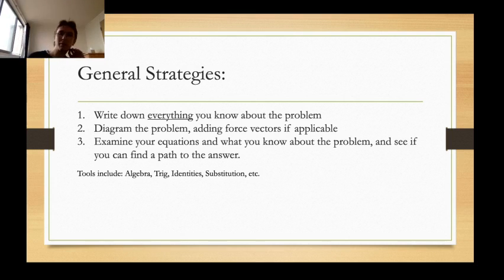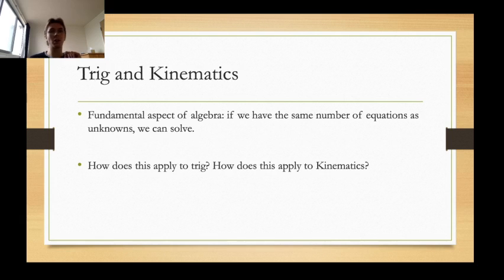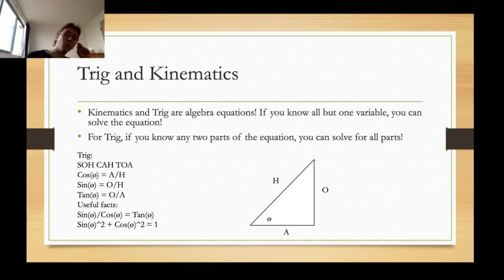So stepping back from these general strategies for a bit, we're going to talk about trig and kinematics. Both of these are algebraic equations. So if you have the same number of equations as unknowns, you can solve. That means if we know all but one variable, you can solve the equation. For trig, if you know any two parts of the equation, you can solve for all of it.